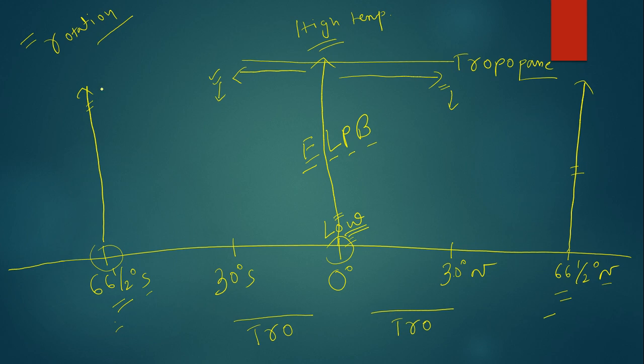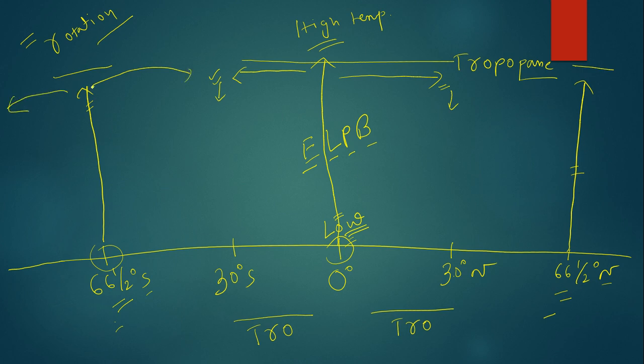Now from 66 and a half degrees south and north, the air has moved in the upward direction, and after rising to a certain height, it will also be obstructed by the tropopause. This air will also be bifurcated into two directions.